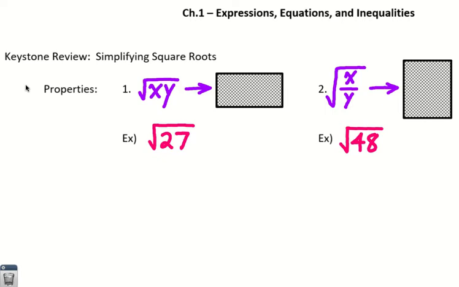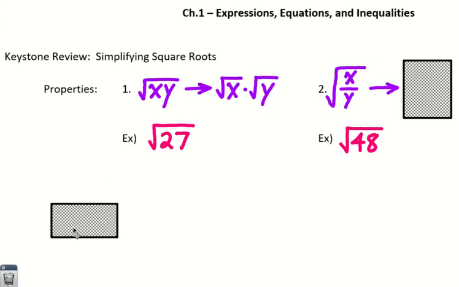for you. But anyway, a couple quick important properties of square roots, or really any roots, but let's just focus on square roots right now. There's certain properties that they have, just things that are true about square roots. If you have the square root of xy, that can be rewritten as two separate square roots multiplied together.